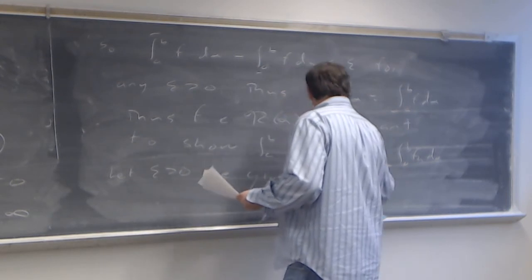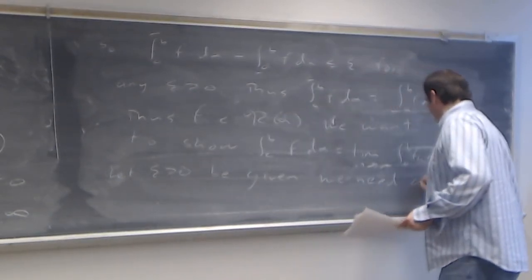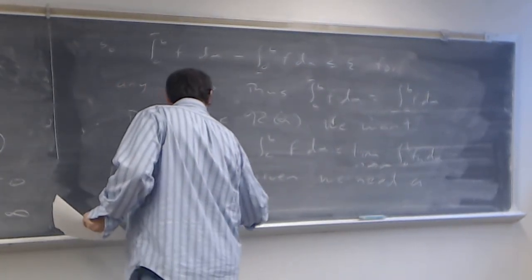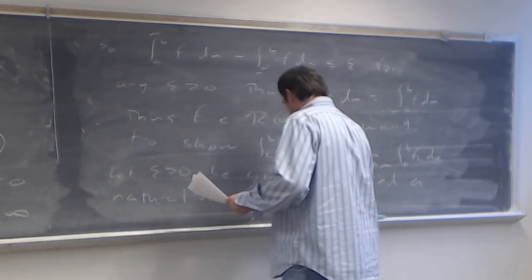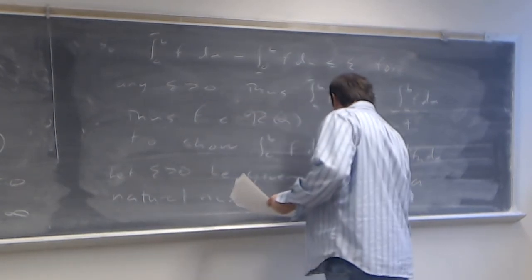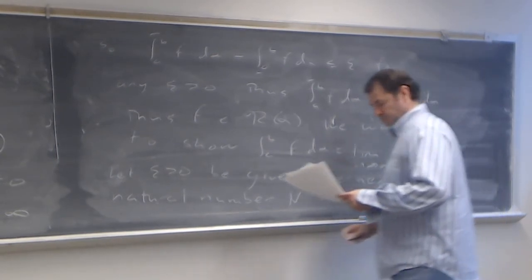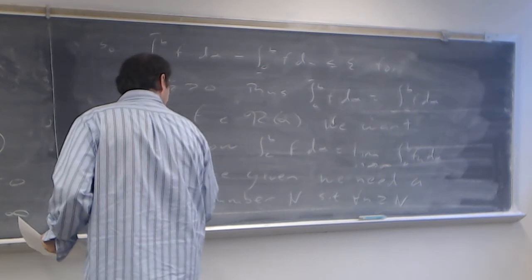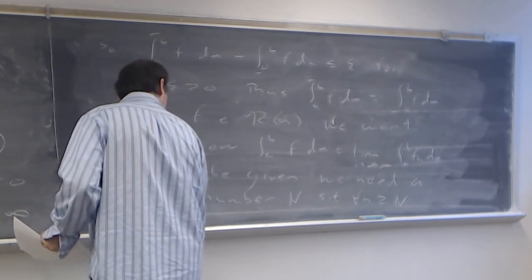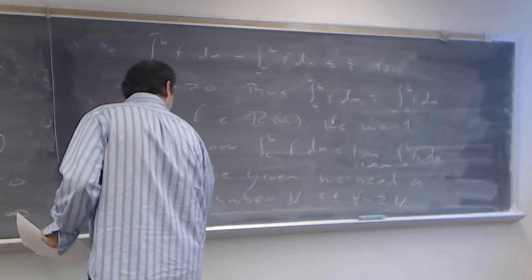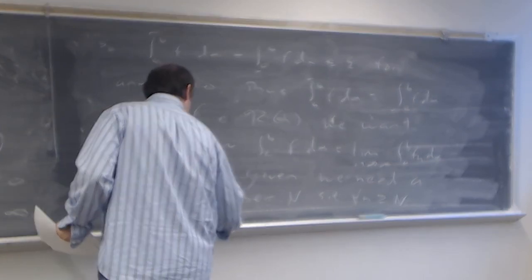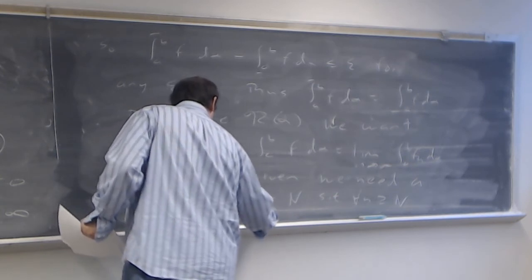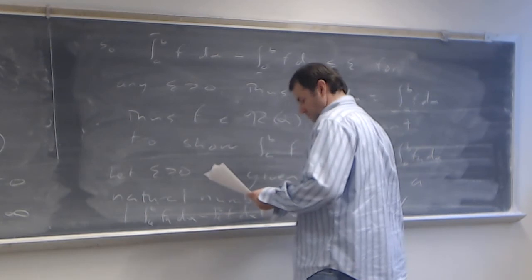Okay? We need a natural number capital N such that for all n greater than or equal to N, the absolute value of the difference of the integral from a to b of f sub n d alpha minus the integral from a to b of f d alpha is going to be less than epsilon.